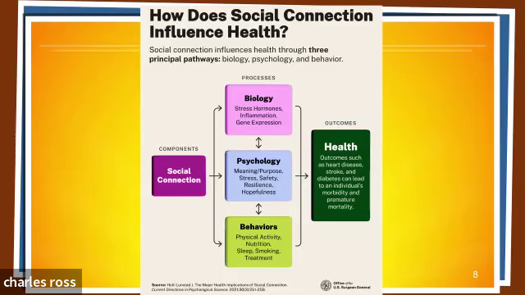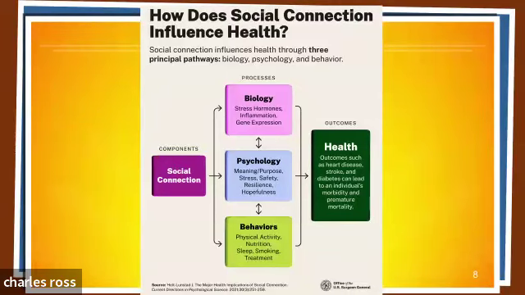So the big question though is, how does this affect me? How is this going to make me live longer or have a shorter lifespan? There are a number of different processes that are thought to be involved. And you have to understand, it's really hard to say that loneliness or social isolation causes these outcomes.